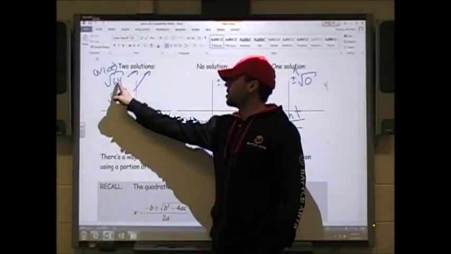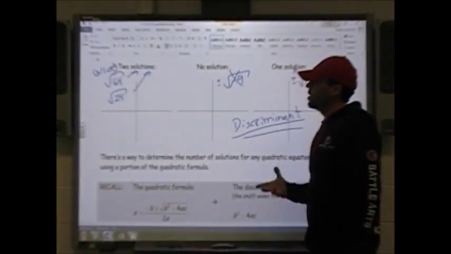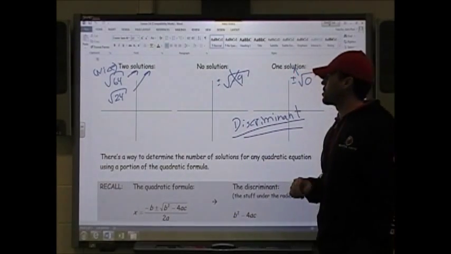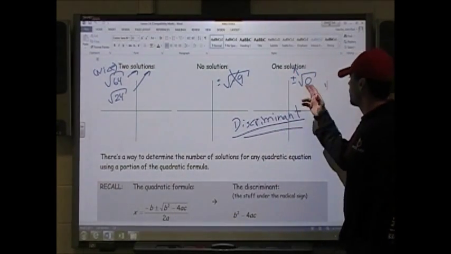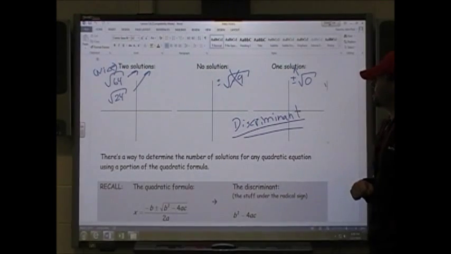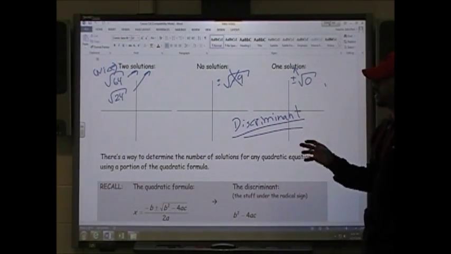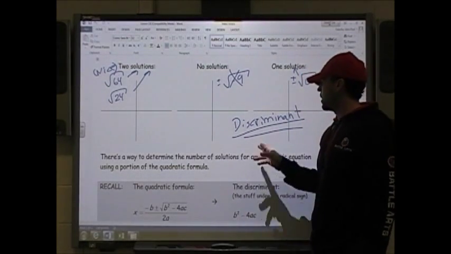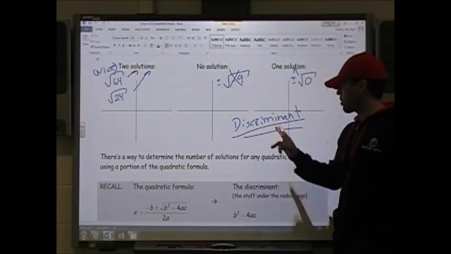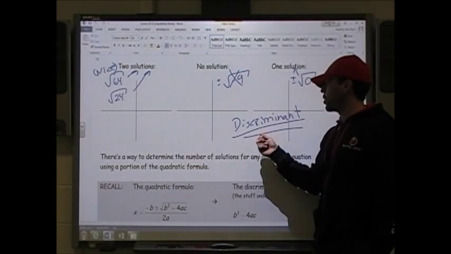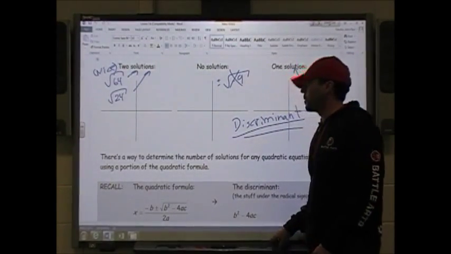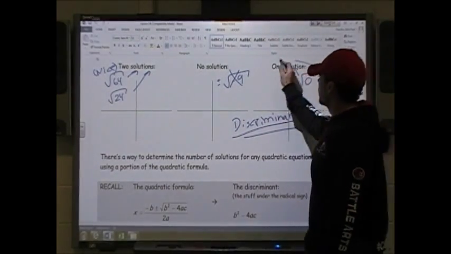Basically, if the number underneath the square root sign is a positive number, you'll have 2 solutions. If the number under the square root sign is negative, no solutions. If the number under the square root sign is 0, 1 solution. I'm no longer going to say the number underneath the square root sign of the quadratic formula. I am now going to say discriminant. Discriminant is another word for saying the number underneath the square root sign of the quadratic formula. It's just a lot easier saying one word.